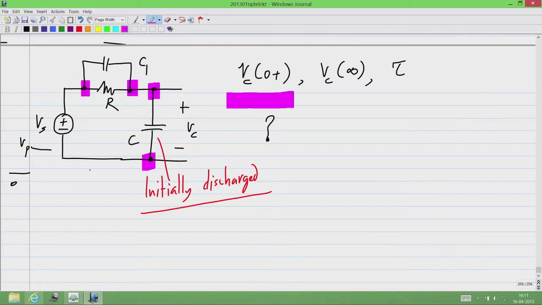So, when it changes from 0 to Vp, if we say that the voltage across capacitor C does not change, the voltage across capacitor C1 has to change. Alternatively, if we say that the voltage across C1 does not change, then the voltage across C has to change. That is, we have this loop of two capacitors and a voltage source. If the voltage source changes its value, the voltage across at least one of the capacitors has to change instantaneously. So, this is the problem.